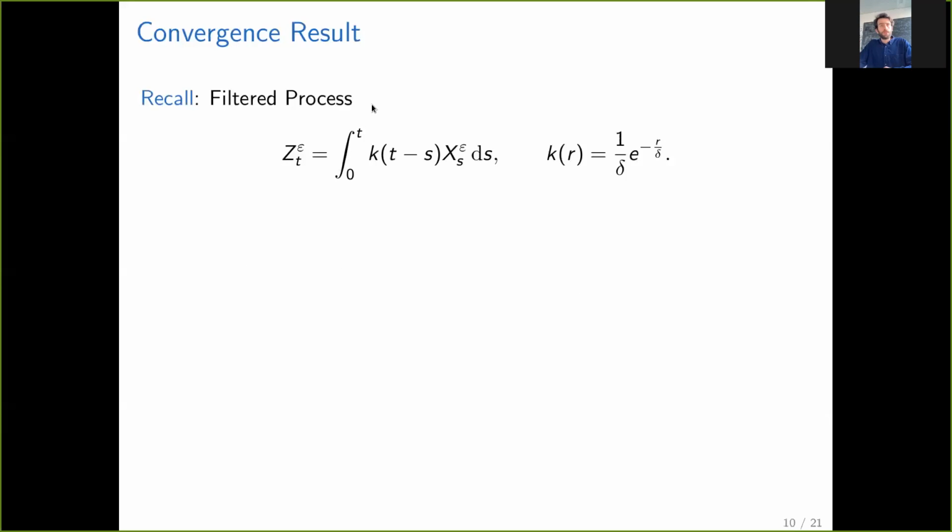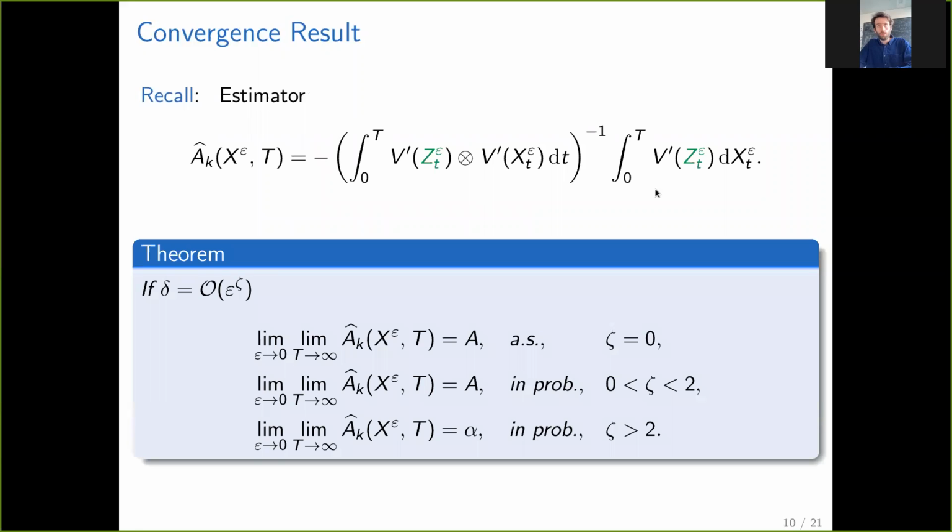So recall that we have this filter process. The delta parameter is the width of the smoothing window. And recall that we have the estimator, which is this mix between the filtered process and the original process.